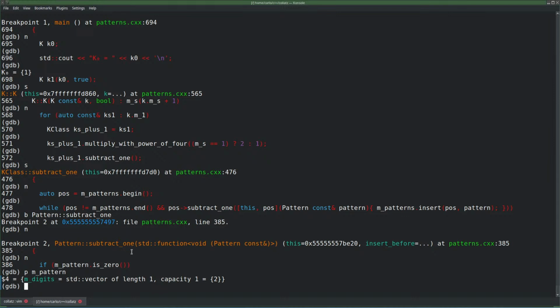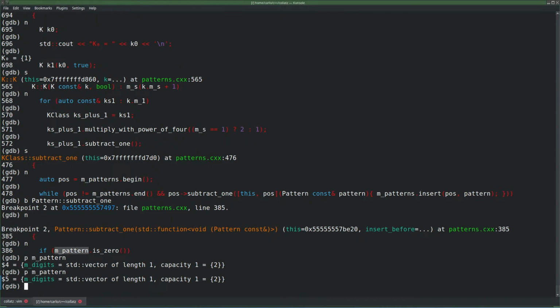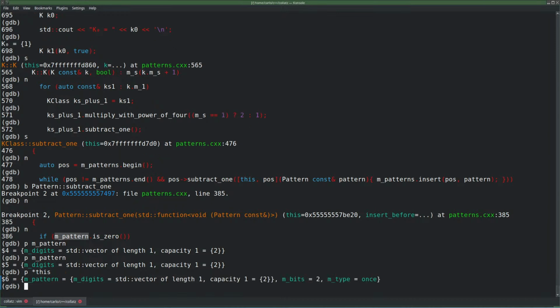I don't get this. I don't get this. It's really equal to 2.